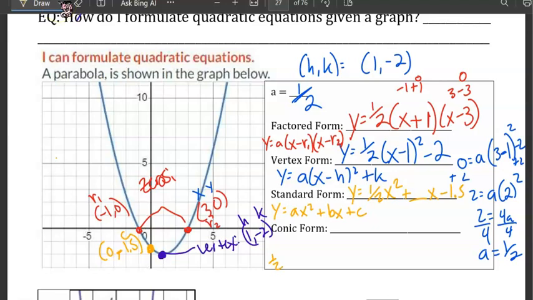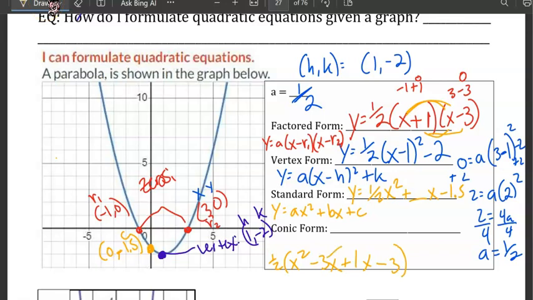So 1/2 x times x is x squared. X times -3 is a minus 3x plus 1x, and then minus 3.